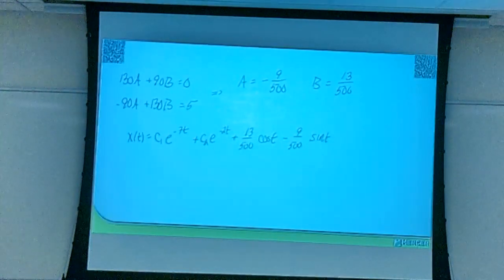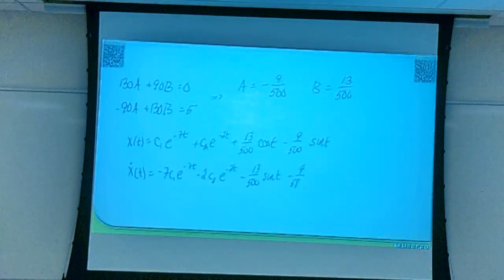Now we need to solve for those C1 and C2, right? Which means we're going to need x dot.